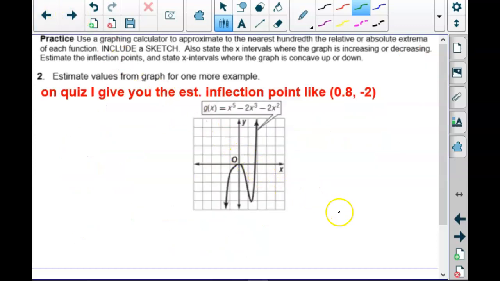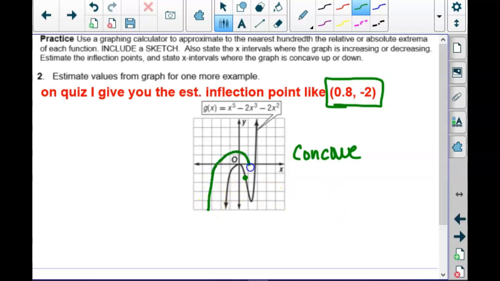Can we just do the concavity here? If I pick this point right in here to be 0.8, negative 2, can anybody tell me the concavity? What does it start? Down or up? Coming from the left, it's down. So how do I write that?